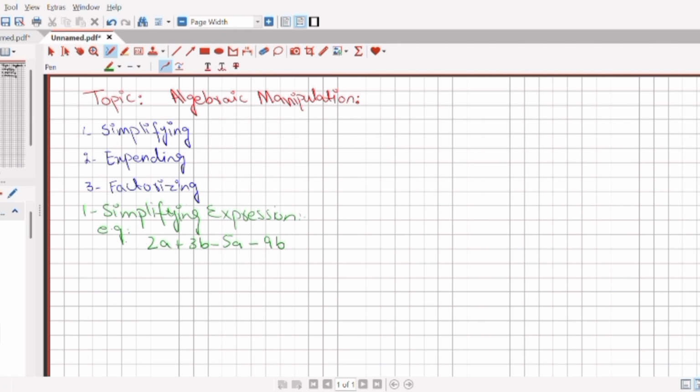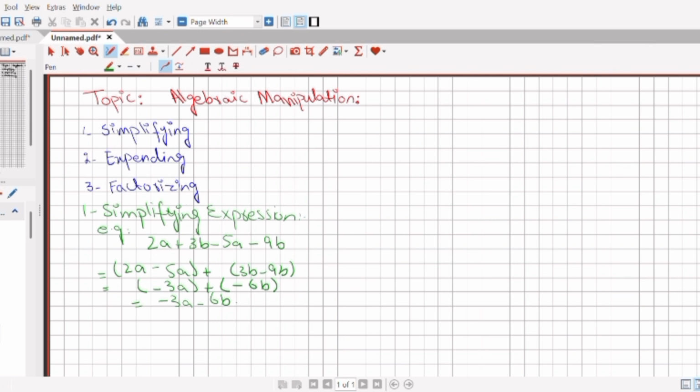So we will write them as grouped like terms: 2a minus 5a plus 3b minus 9b equals minus 3a plus 3b minus 9b, which equals minus 3a minus 6b. The final answer is minus 3a minus 6b.